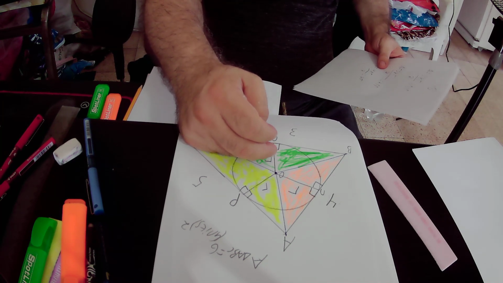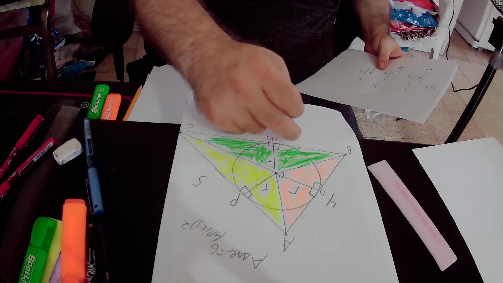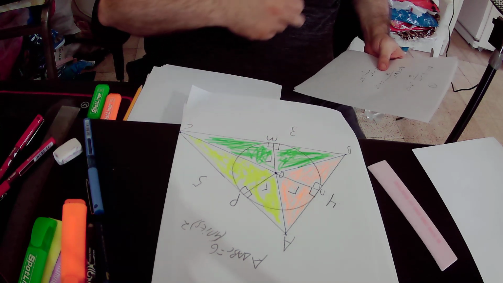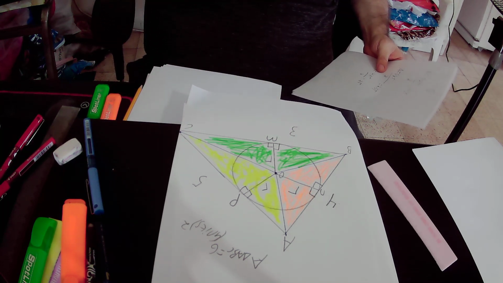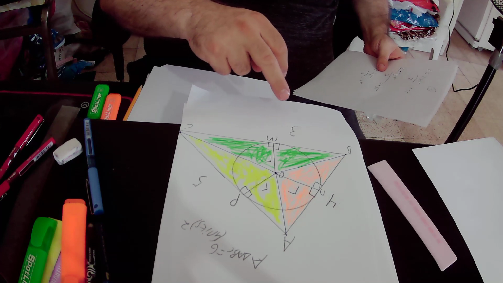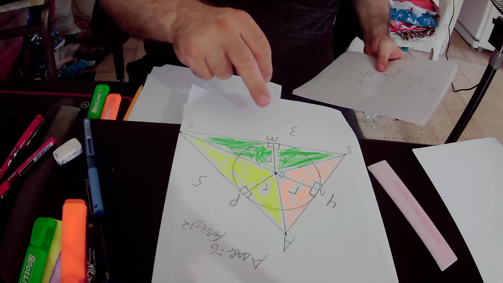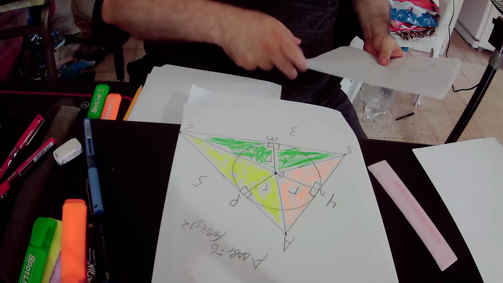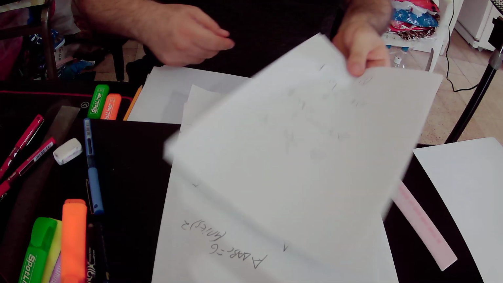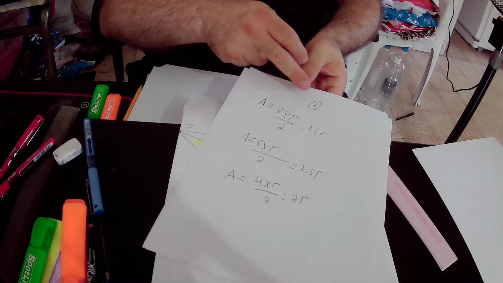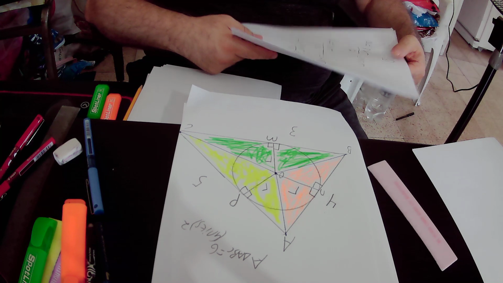The height is the radius because the radius is perpendicular to the base. So the area of the green triangle equals the base, that is 3, times the radius divided by 2, or the area of the green triangle equals 1.5 times the radius.